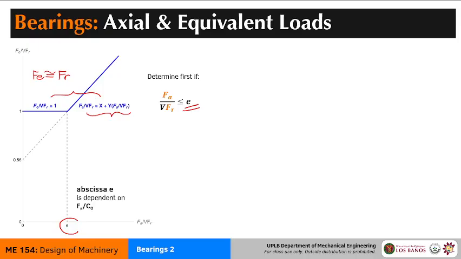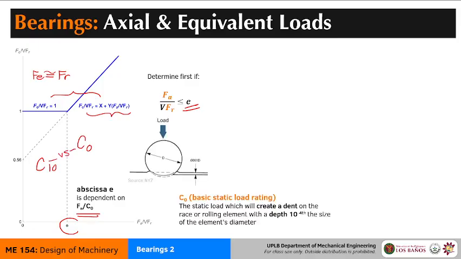This abscissa is actually this fraction here. It's the actual load over what we call the basic static load rating. Basic static is C0. So let's keep track. We have C10 and we have C0. C0 is different in nature to C10. They're both loads, but their source of definition is different.